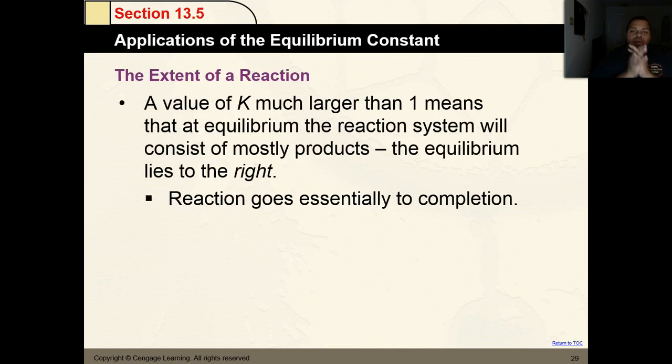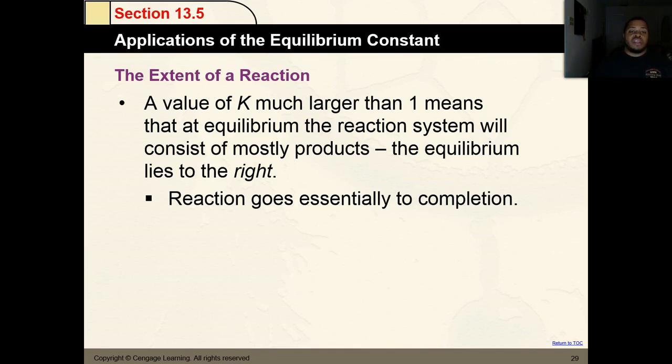Now, when the value of K is larger than 1, it's actually going to tell us a little bit of information. The direction that K is going to go in general will allow us to know whether it's going to consist mostly of products or mostly of reactants.